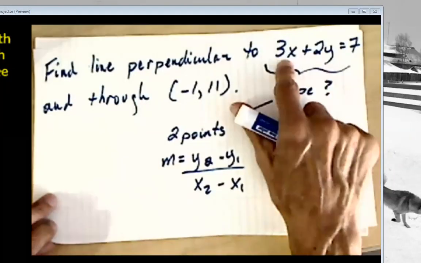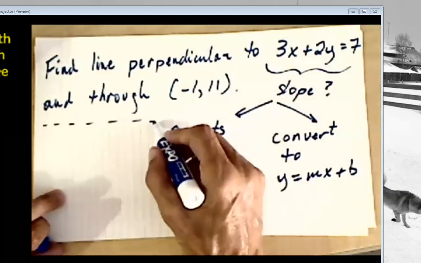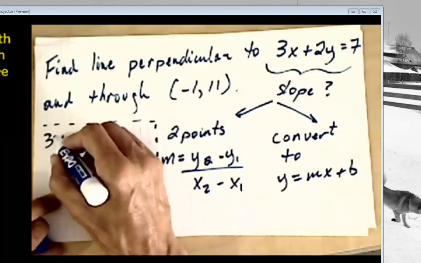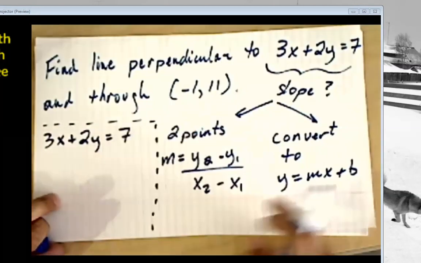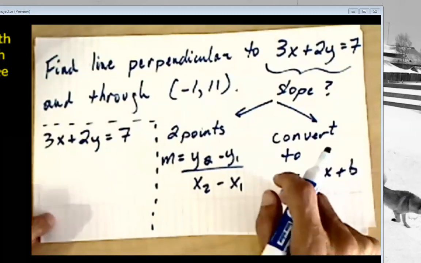How do we do this? I think I can squeeze it over here. We got 3x plus 2y is equal to 7. We want to have y by itself, right? So what are we going to get out of the way?